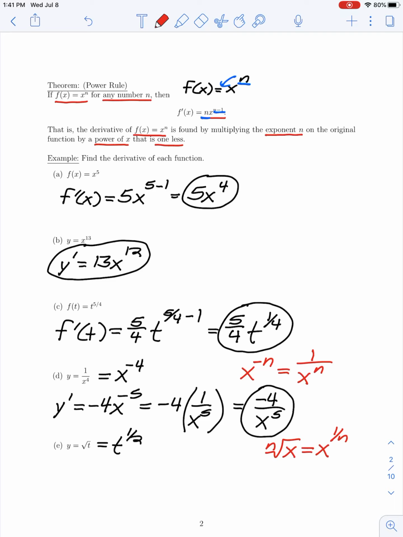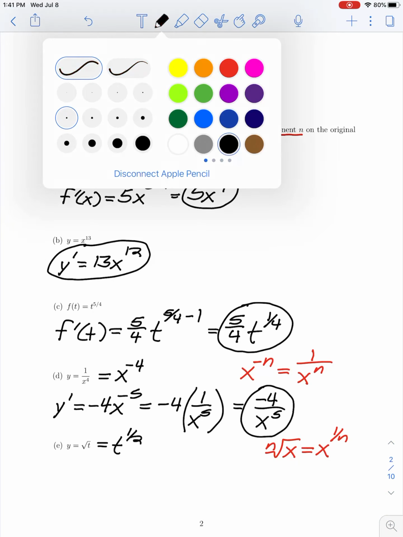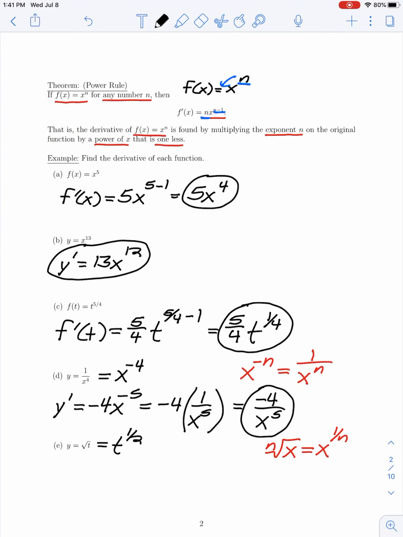So these last two examples, parts D and E, we're making use of some notational fact about exponential functions in order to simplify finding our derivatives. So here, y prime, using the power rule, would be 1/2 t to the 1/2 minus 1, which would be the negative 1/2 power. Or we can rewrite this as 1/2 times.